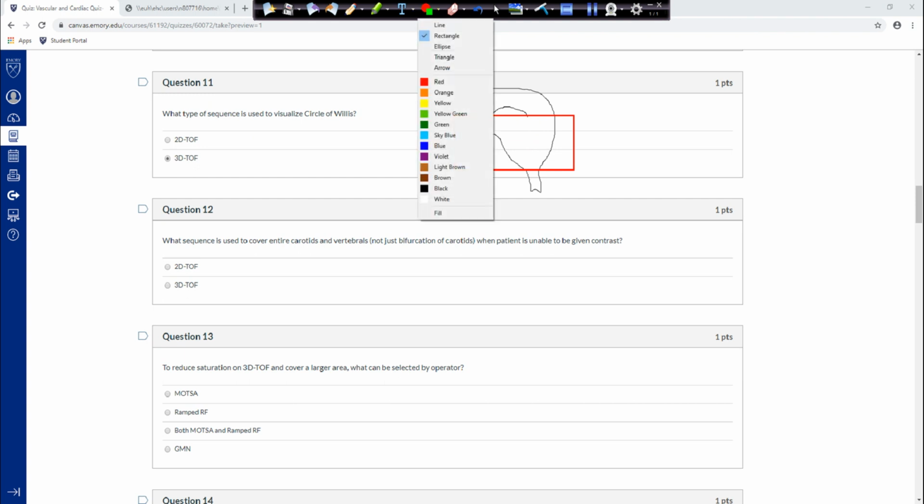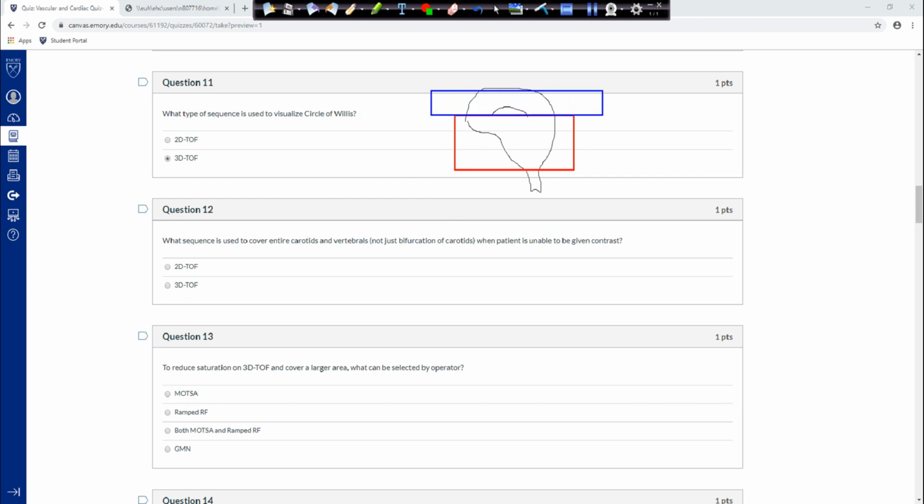And then we usually want to put our sat band up here, because we're interested in blood flow coming up from the carotids, but we do not want that venous blood flow coming down. Remember that superior sagittal sinus that goes basically on top of the brain is going to come back down, all that blood flow from the superior sagittal sinus. And we do not want that.